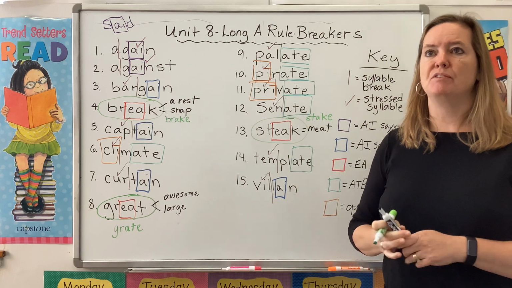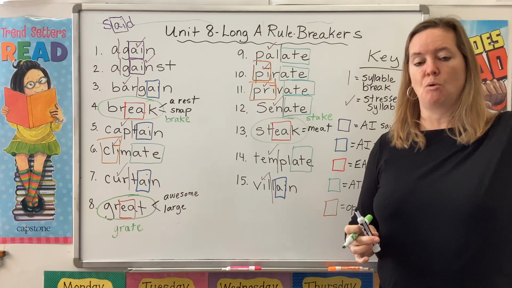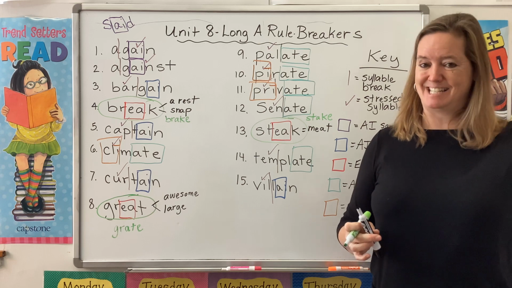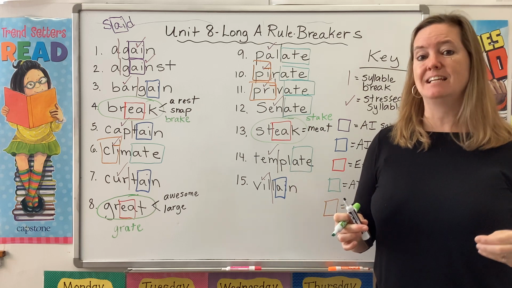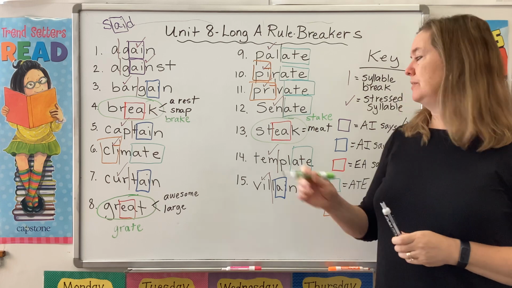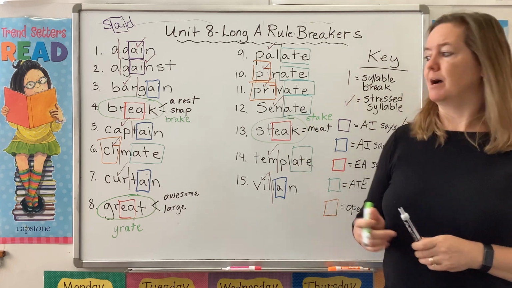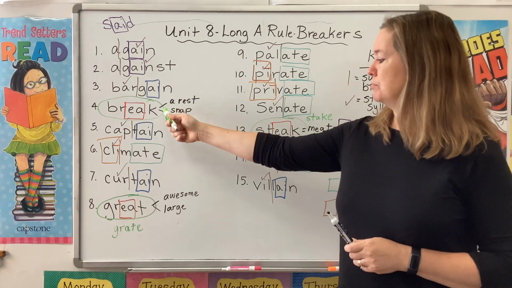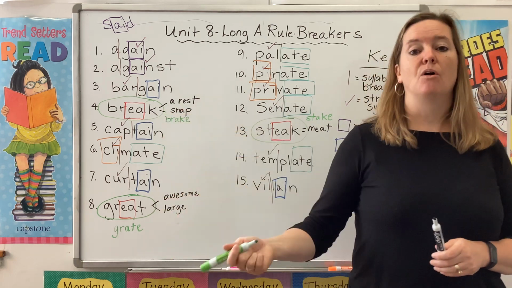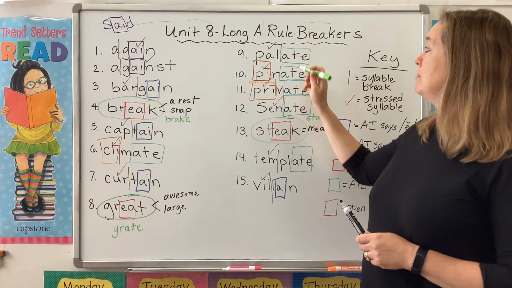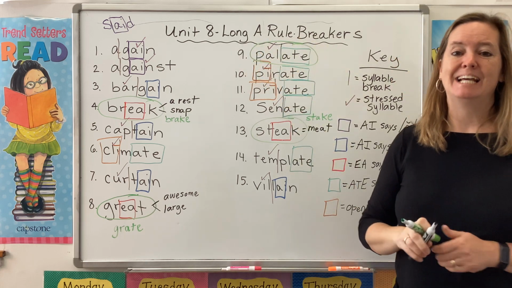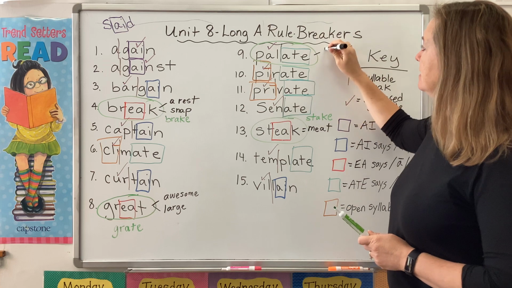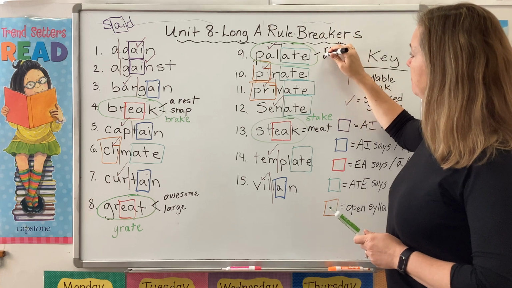Like if you're growing a tomato plant and you don't want it to fall over, you might put some stakes in the ground, or if you're setting up a tent, you might put some stakes, some long sticks in the ground to hold everything up. So steak, break, and grate are all homophones. One more homophone that you might not be aware of is the word palate. This kind of palate is the roof of your mouth.